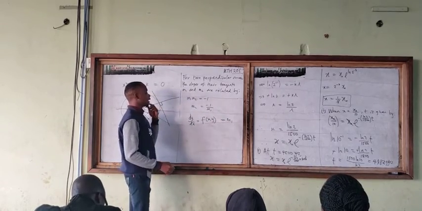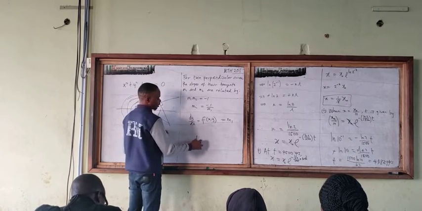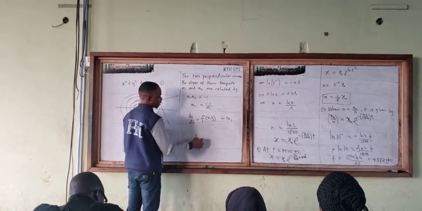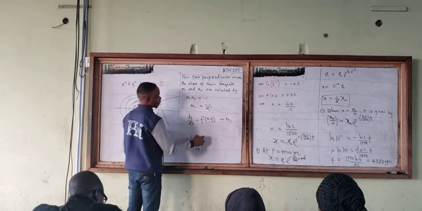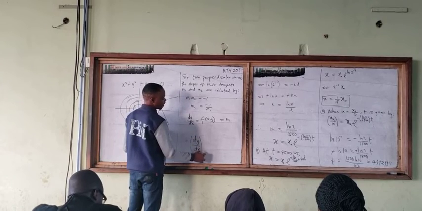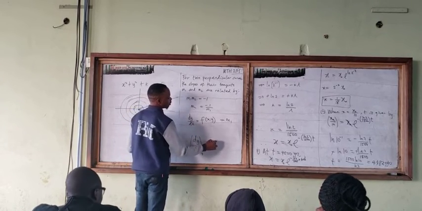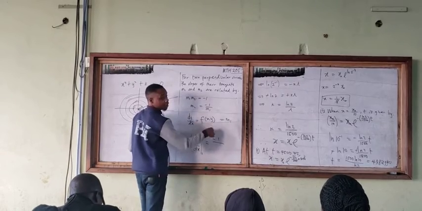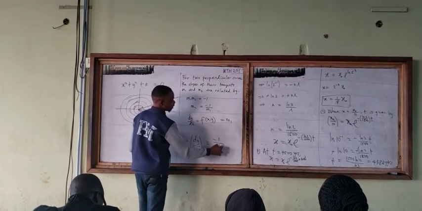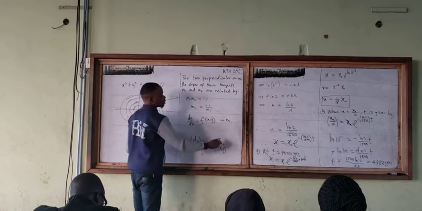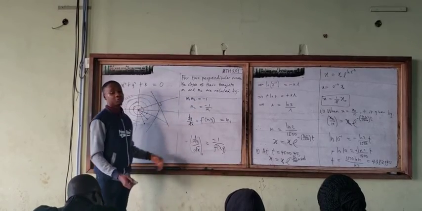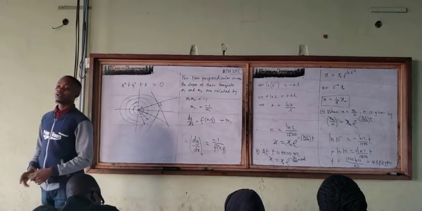And for me to get my m2, that's our new dy dx, so I can call it dy dx prime. In this case, for the orthogonal family of curves, it is going to be equal to minus 1 over whatever I've gotten here, f of x comma y. So I can now integrate this to get the equation for my orthogonal trajectories.